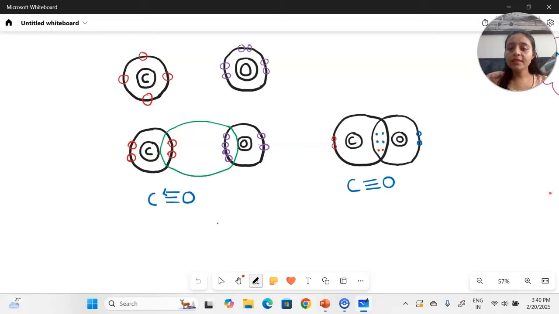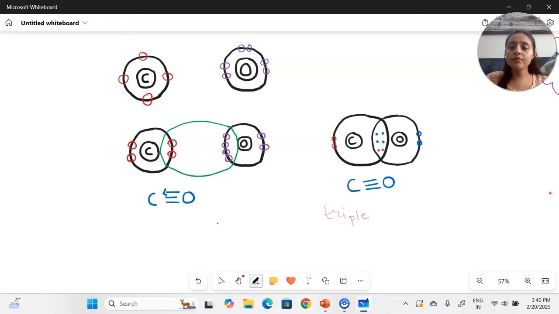Like this we can see 3 pairs of electrons are being shared, and that is why you can see the triple bond will form between carbon and oxygen, because of the 2 lone pairs which come down and participate in covalent bonding. Since the lone pairs are getting involved in the covalent bonding, this is known as coordinate bonding. And in coordinate bonding you can represent it like this with a one-headed arrow, right?